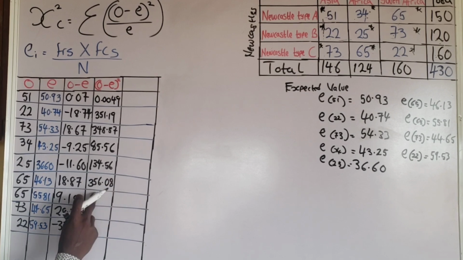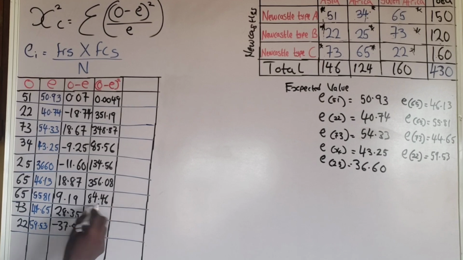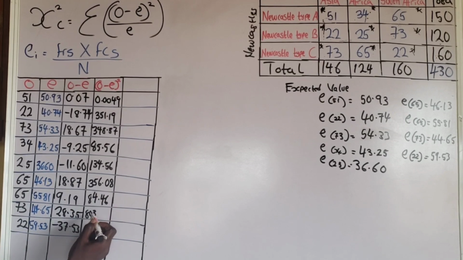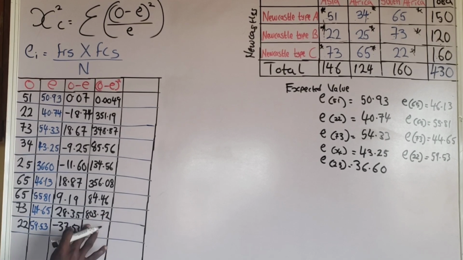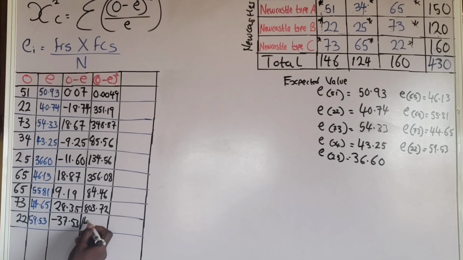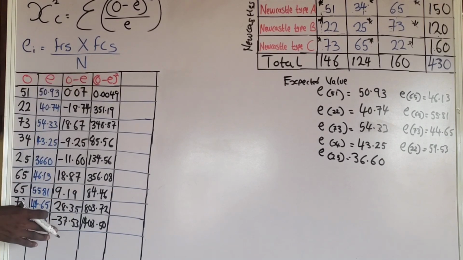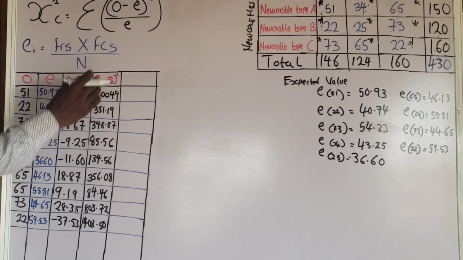And for this, we're going to have 84.46. For this, we are going to have 803.72. Okay, for these cells we're going to have 1408.50. So the square of all these values give these values.